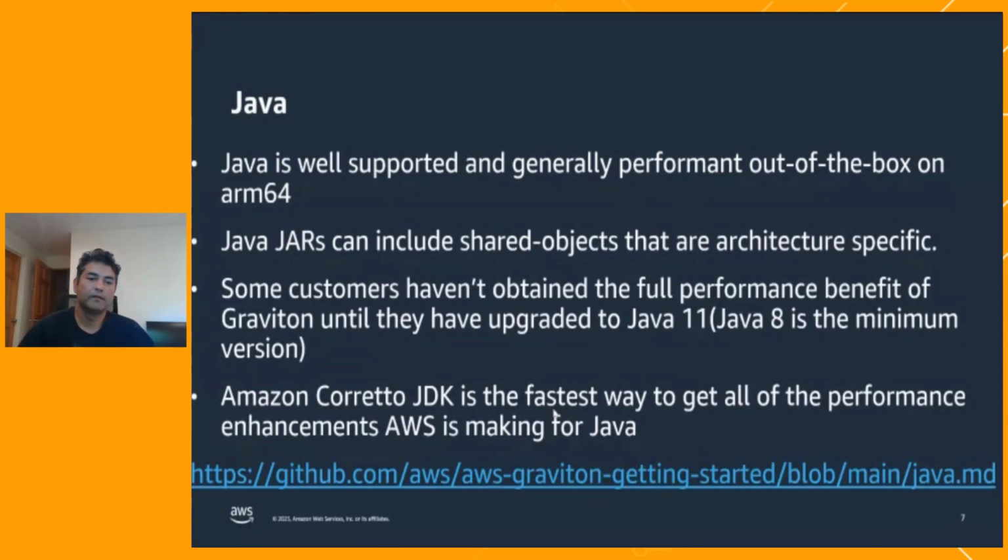So if you are planning to use Java, Java 8 is the minimum requirement which supports ARM64. But for performance benefits, we recommend using Java 11. And Amazon Corretto JDK is the fastest way to get all the performance benefits. So we recommend that. And all of this is mentioned in the Graviton technical guide that I was referring to earlier. Okay.